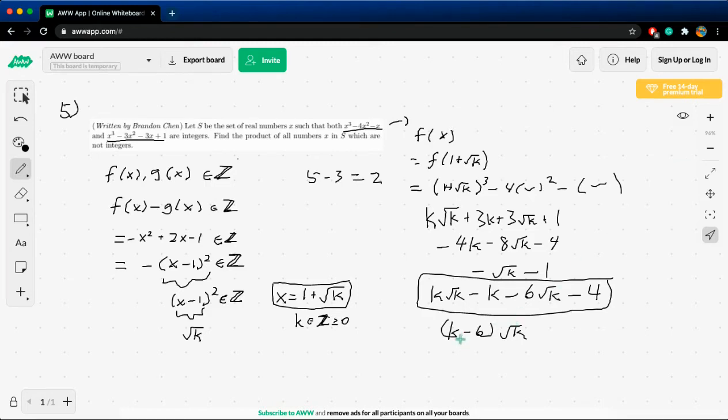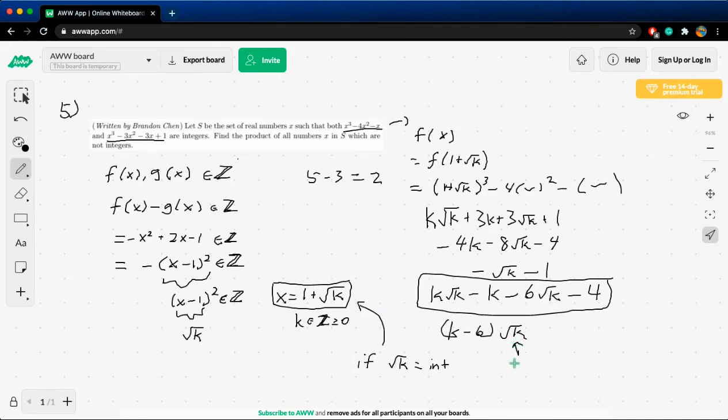And now what do we do? Well, we know that k is an integer. We also know that the square root of k is not an integer, because if the square root of k is an integer, then x is also an integer. So we know that this must be not an integer.